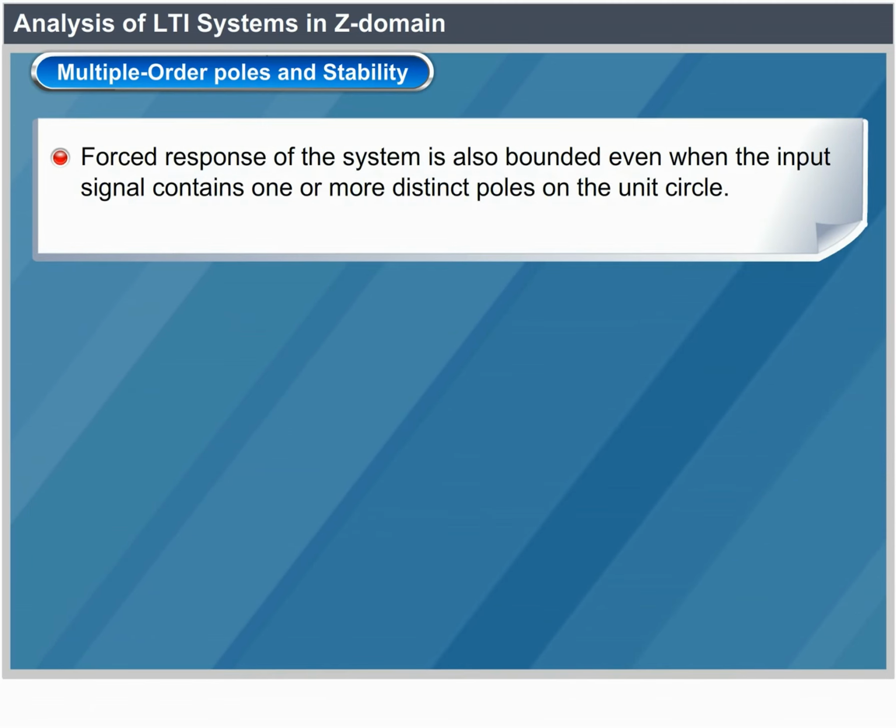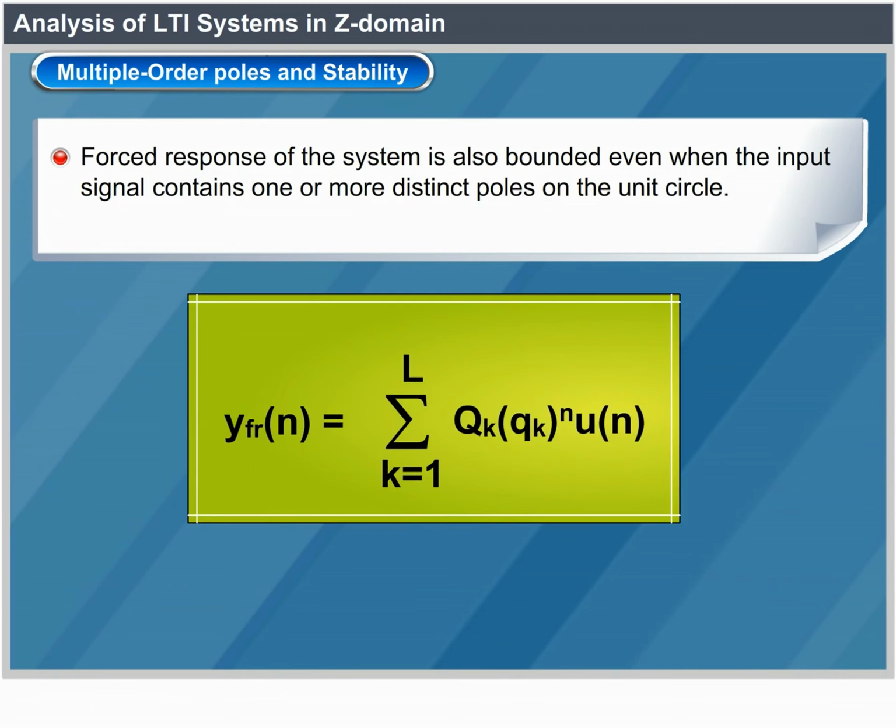The forced response of the system is also bounded even when the input signal contains one or more distinct poles on the unit circle: y_FR(n) equal to summation k equal to 1 to L capital Qk into small qk whole power n into u(n).